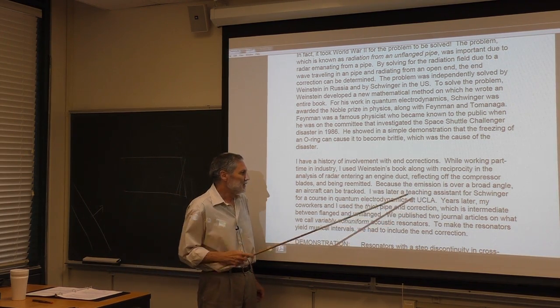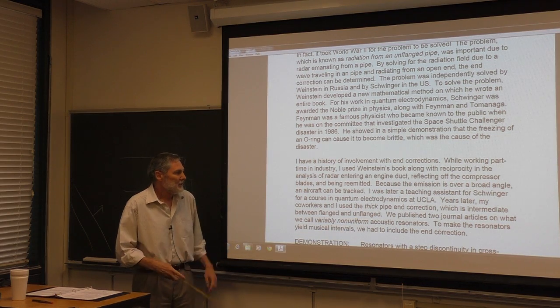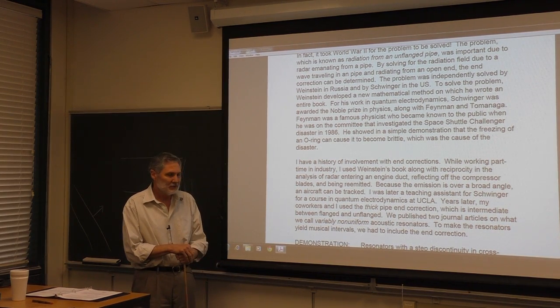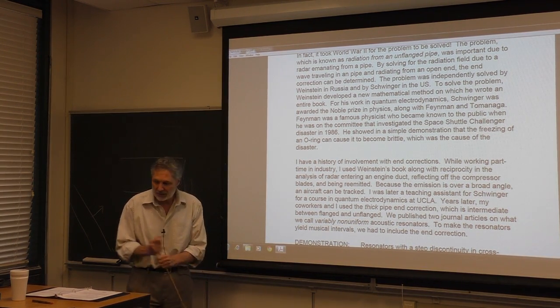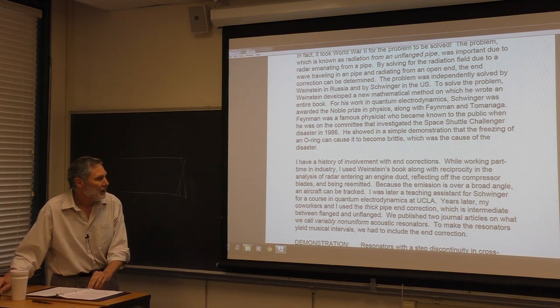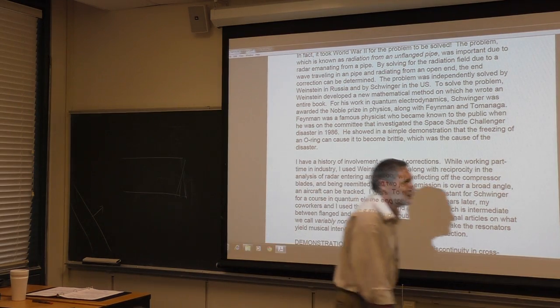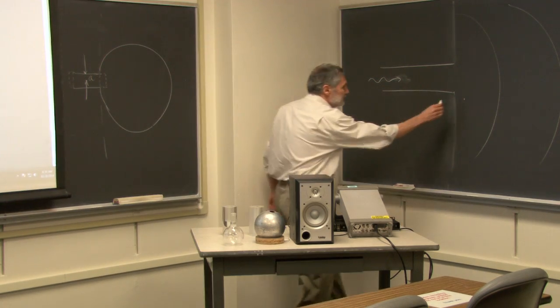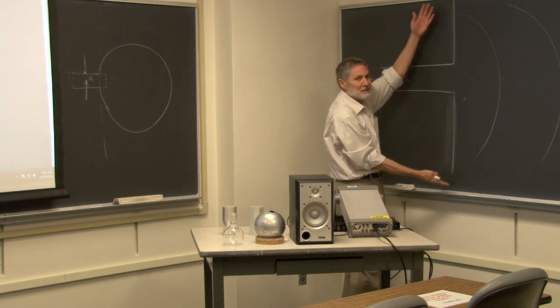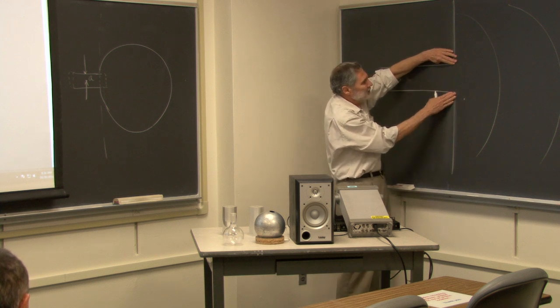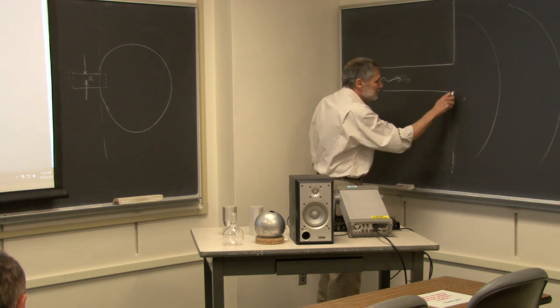And then, years later, I was working with some students and a colleague, actually a postdoc, and we had to deal with the thick end correction. There's this extreme case, and then there's the extreme case where it's thin. What about in between?